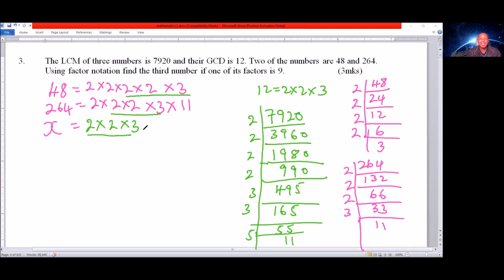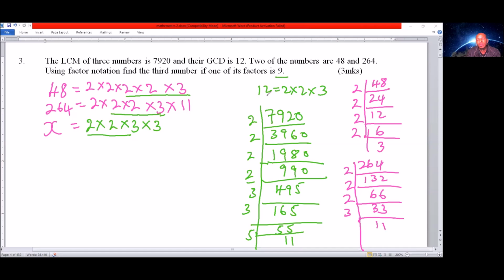So this means that the greatest common divisor has a 2 to power 4, which is already in the first one. We have 3 times 3, but here we have only one 3, and here we have 3. So it means here there must be another 3.